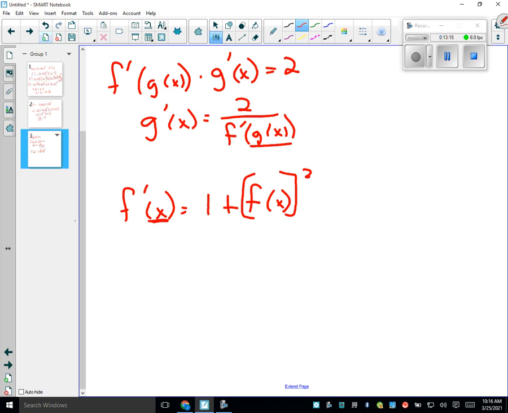Because this whole problem is the same, it's all one problem. So make this 1 plus f prime of g of x squared. So what I have is 1 plus 2x squared.